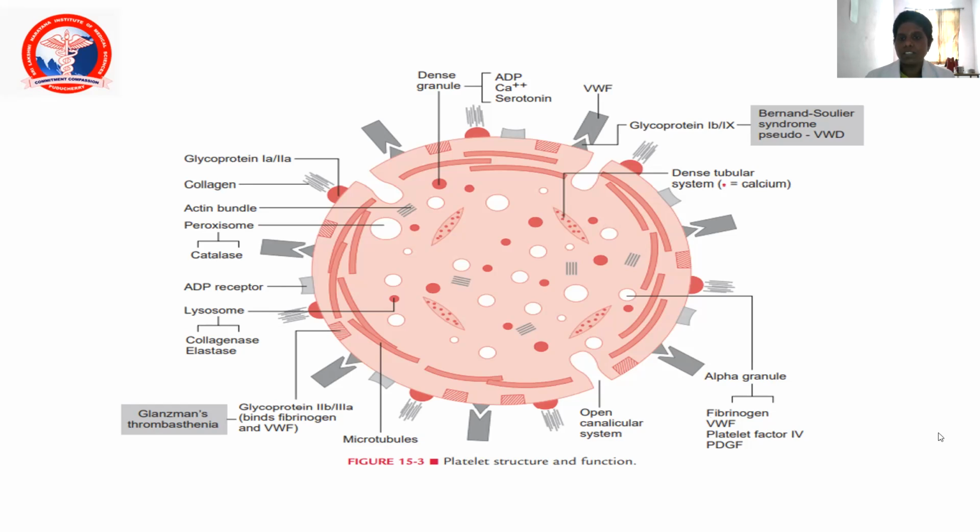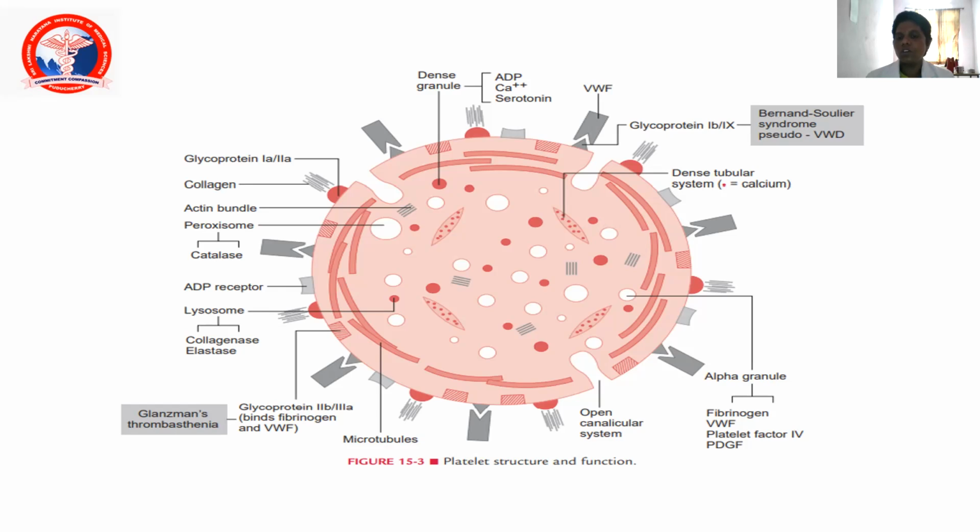First we'll discuss what is present in the alpha granule. The alpha granule has fibrinogen, von Willebrand factor, platelet factor 4 and platelet derived growth factor. Of these substances, fibrinogen and von Willebrand factor are procoagulants, which help in the coagulation cascade.